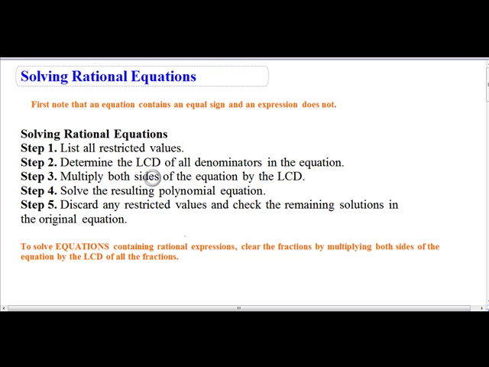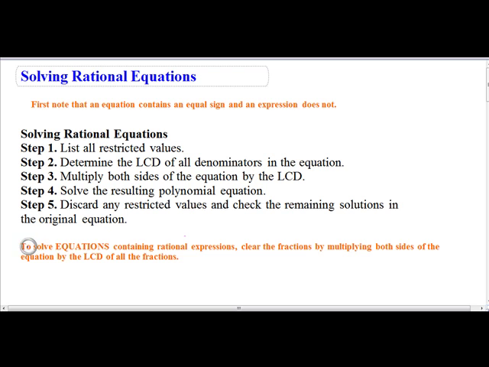Step 3, multiply the equation by the LCD. Then step 4, solve the equation. And step 5, we look at the equation and see if our solution is a restricted value or not. If it is, then we have to discard it.